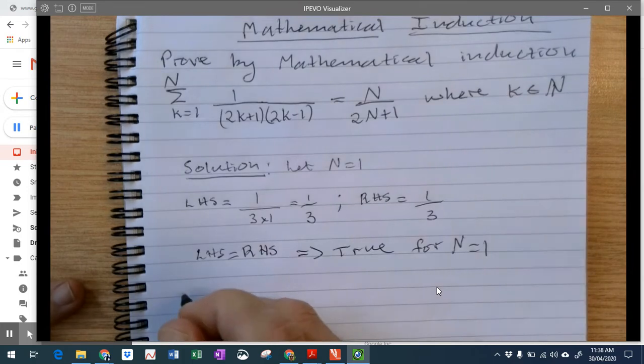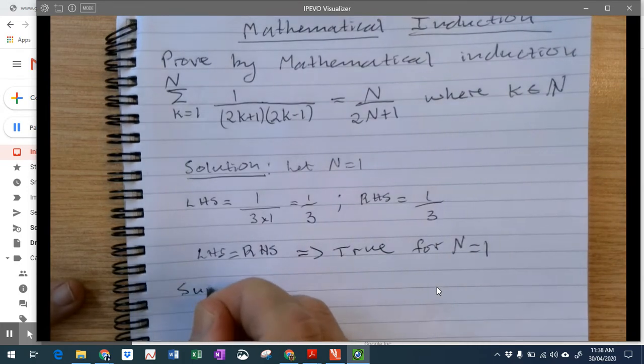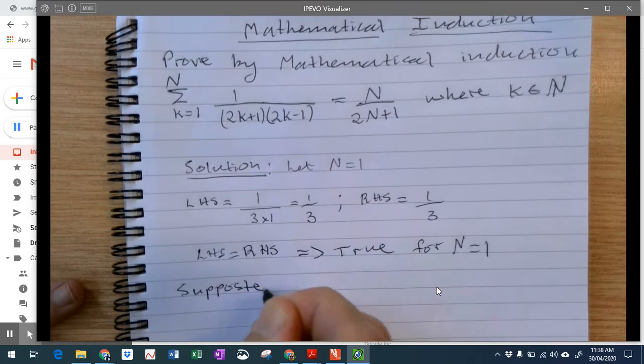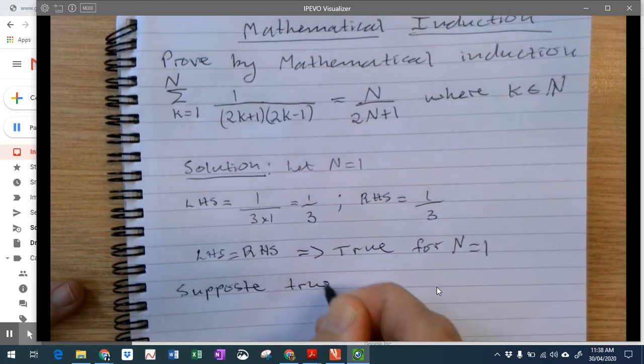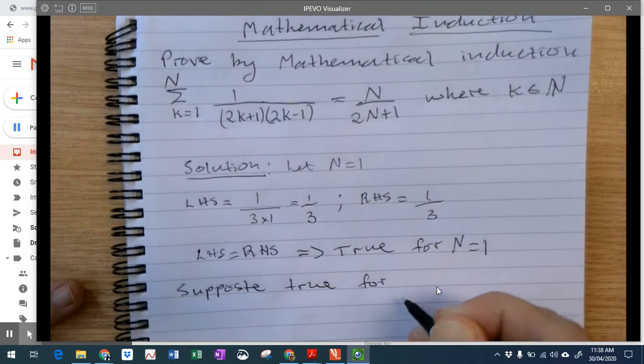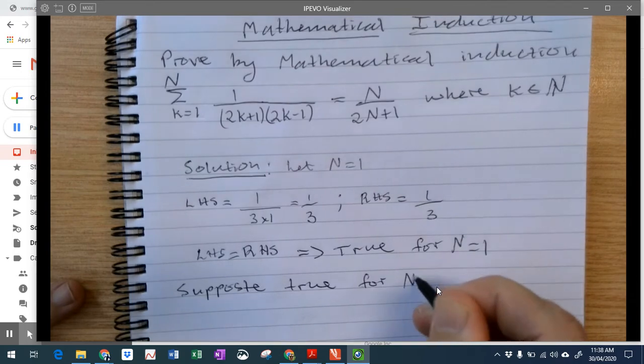Okay, next step, suppose true for n equals k.